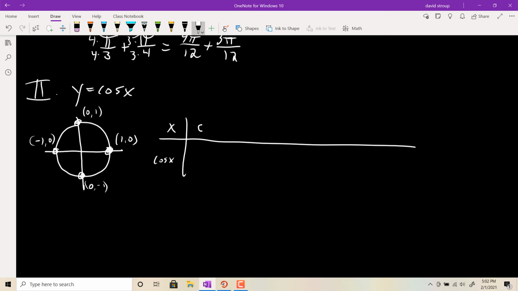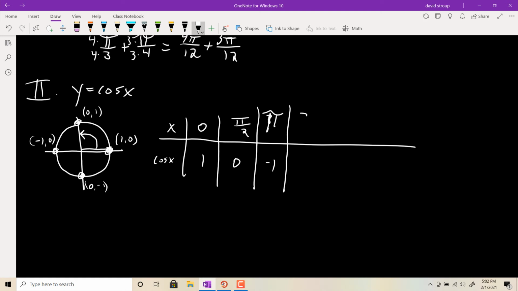Okay, so the angle 0, when we're at 0, you're kind of at 1, 0, so the x-coordinate is 1. At pi over 2, when you rotate over the pi over 2, the x-coordinate is 0. At 2 pi over 2, in other words at pi, the x-coordinate is -1. 3 pi over 2, or 270 degrees, the x-coordinate is 0 again. And then finally back to 2 pi, and of course you're at 1 again.